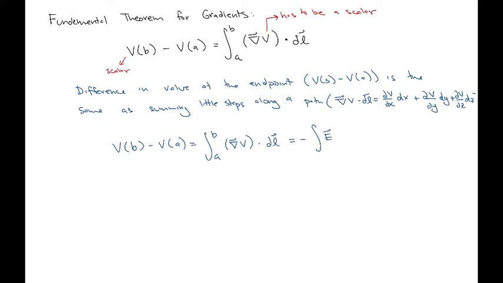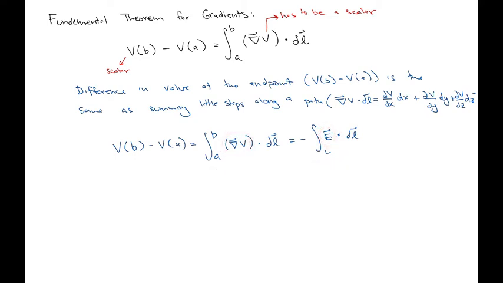We know it depends on the values of the endpoints, but we hadn't actually said what those values at the endpoints are. So if this is equal to this according to the fundamental theorem of gradients, then this is also equal to this, and therefore the integrand must be equal to that.